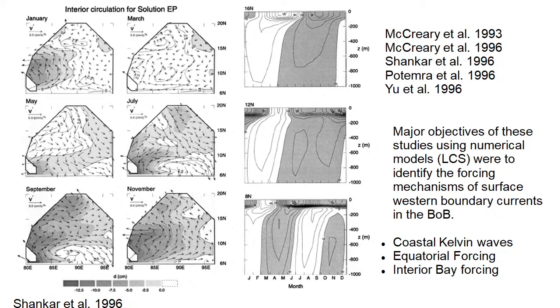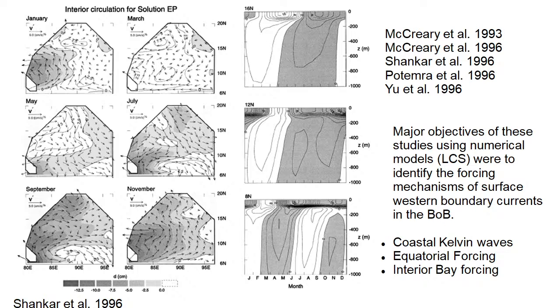It's a linear model, a much simpler model, but they could get a good understanding of this system. They identified that most of the coastal currents were forced by coastal Kelvin waves, equatorial forcing, and interior bay forcing, and it's quite difficult to distinguish what is causing what. Linear models are quite handy in looking at the individual effects, because they don't interact in a non-linear way.